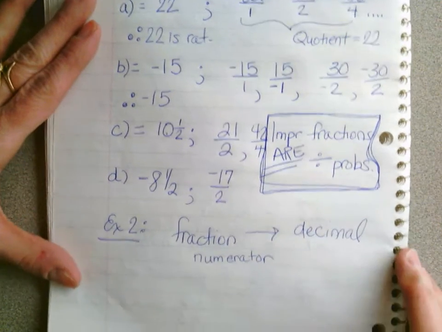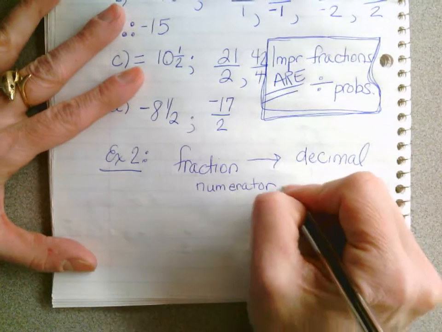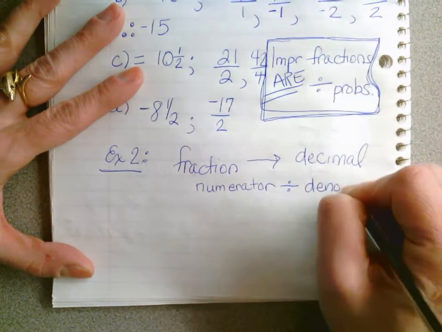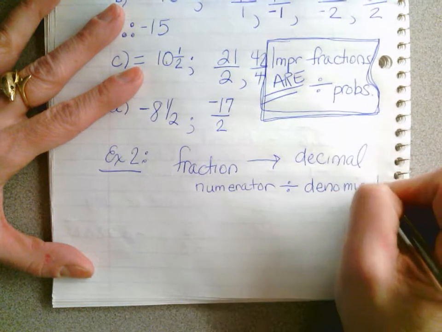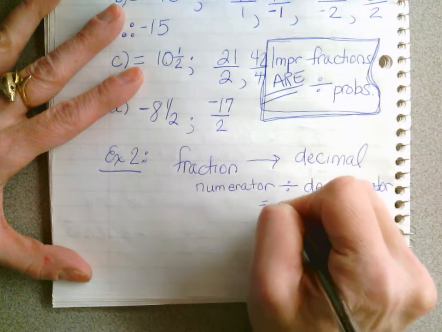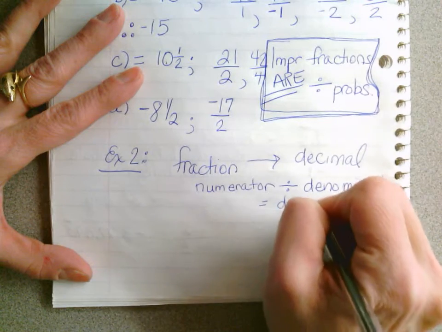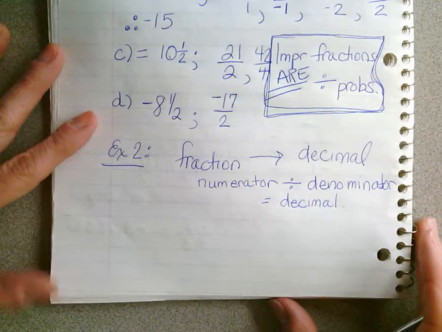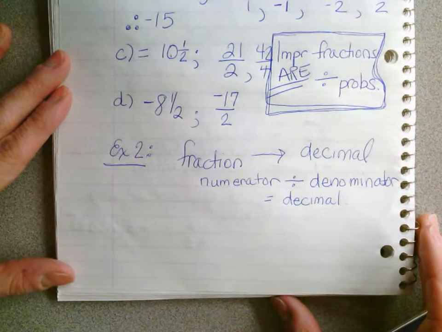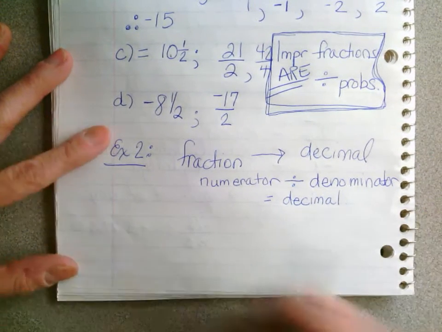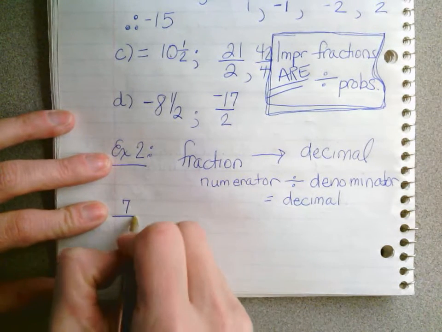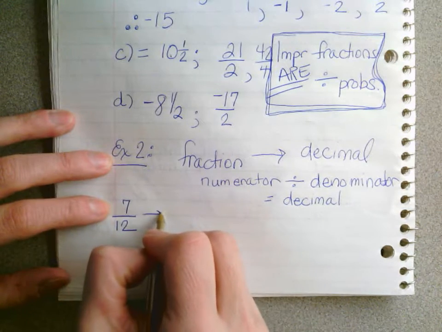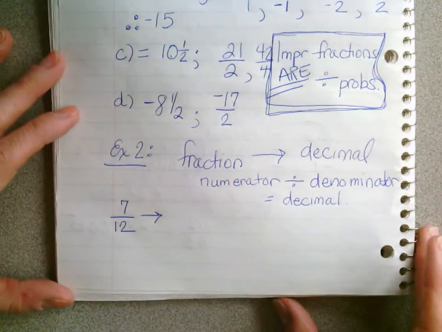Numerator divided by denominator equals the decimal equivalent. Plug 7/12 in, Stuart, into your calculator. 7 divided by 12.